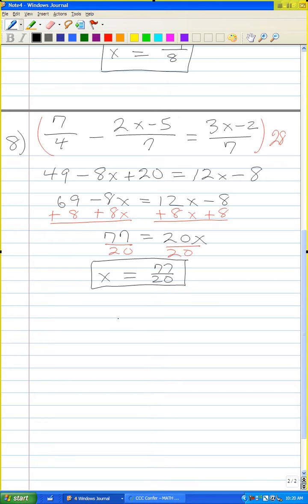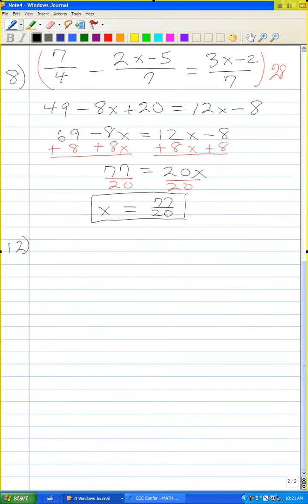Let me do problem number 12. 3 over x minus 1 over 5 equals 2 over 5x. And so let me multiply both sides of my equation by the least common denominator.